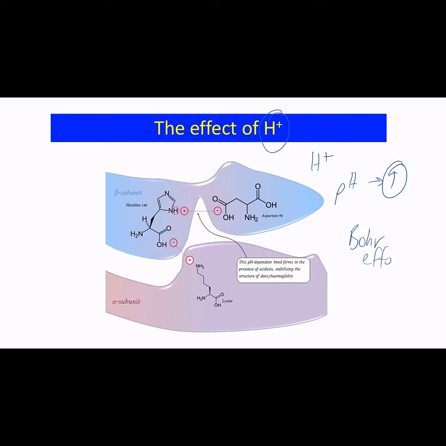So in the presence of an acidic environment, acid being a lower pH, being higher hydrogen ion concentration, hemoglobin is more likely to be in the tense state or the deoxygenated state compared to the relaxed state. That causes a right shift of the hemoglobin oxygen dissociation curve. And think about the functional significance of this.